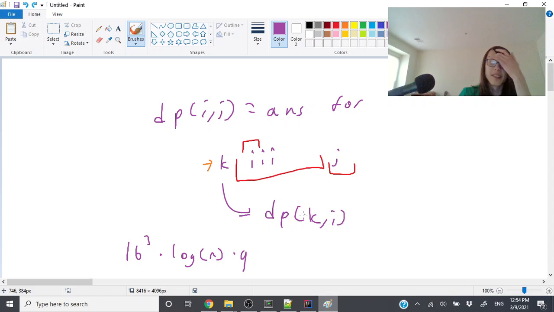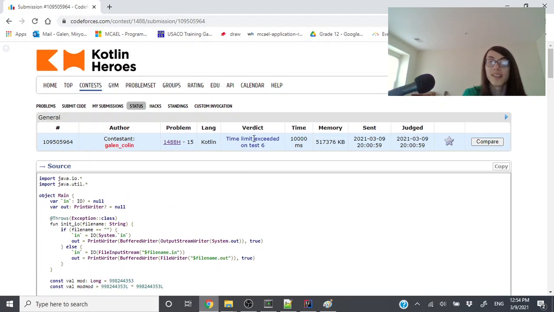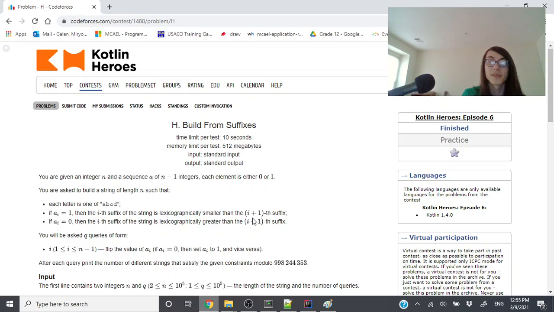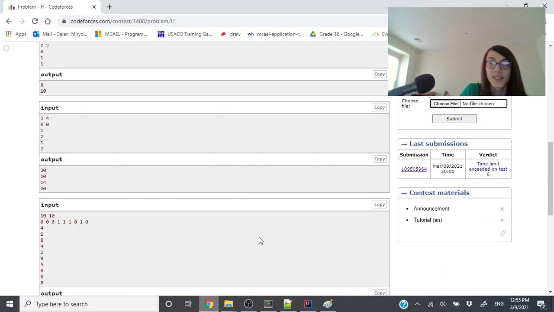And then the memory it uses is 16 squared times n. Both of these are so tight, and it may be possible to squeeze my solution in. It seems like other people have succeeded in squeezing some sort of matrix thing in.